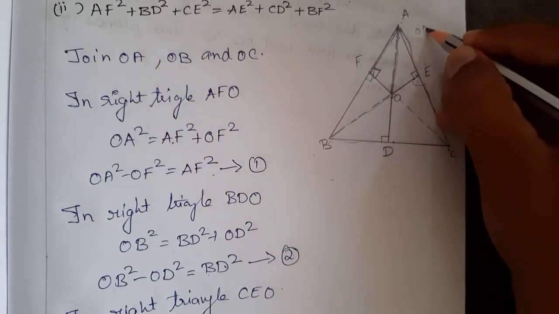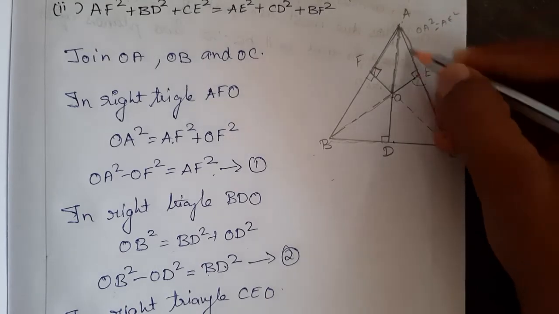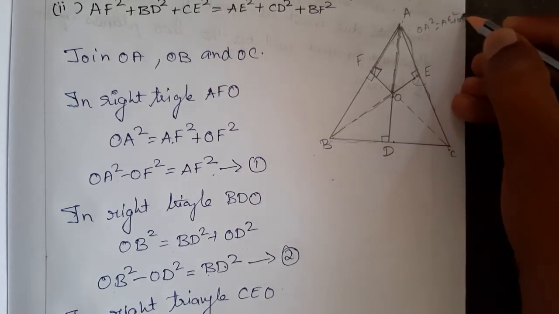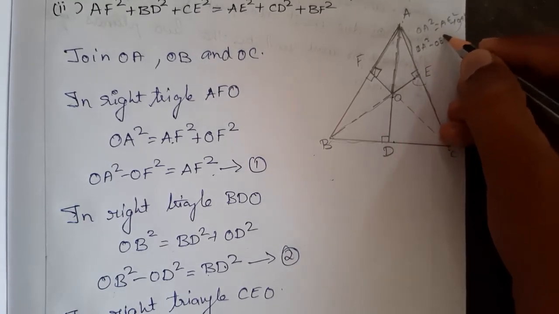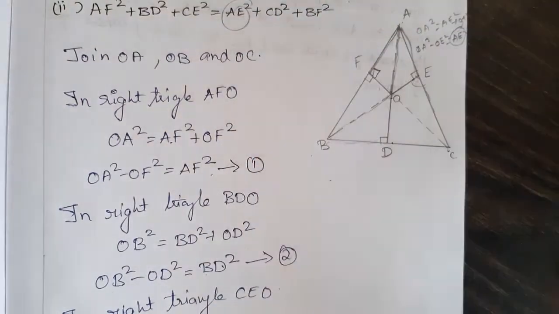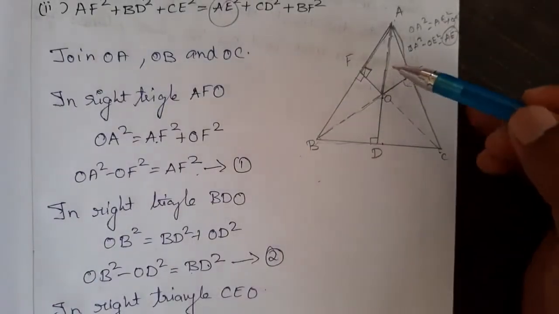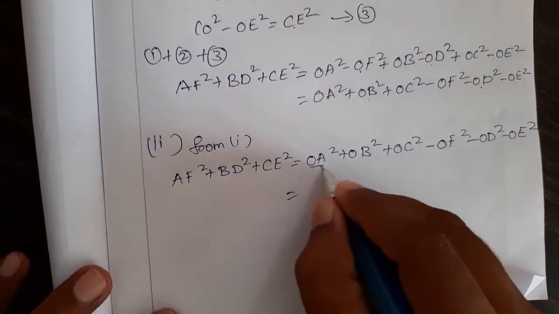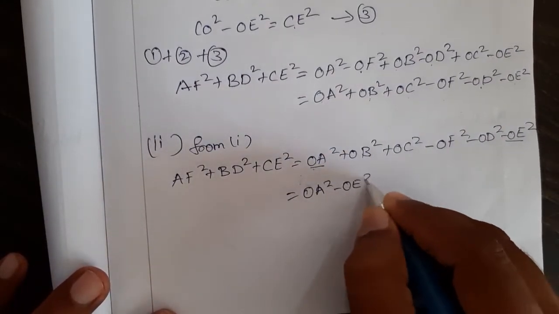We know that OA square is equal to AE square plus OE square, right? If you bring it here, it will become OA square minus OE square is equal to AE square. That is one of the things we needed here, right? So like that we can rearrange OA and OE: OA square minus OE square.